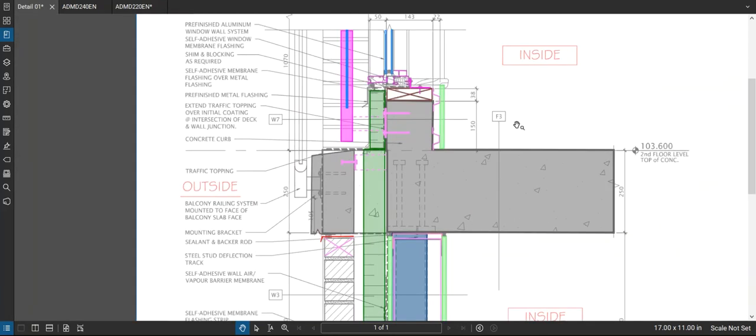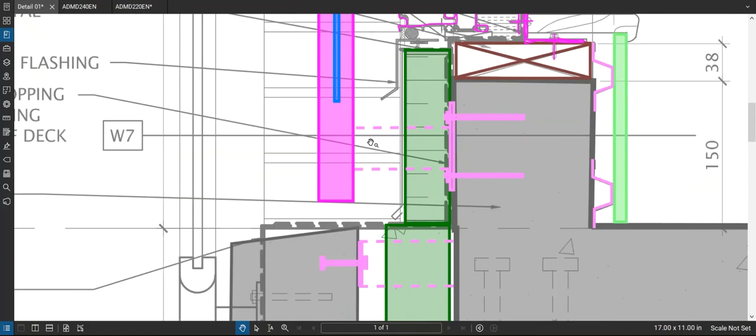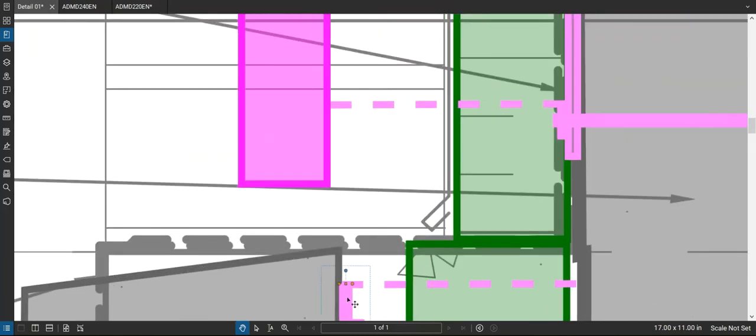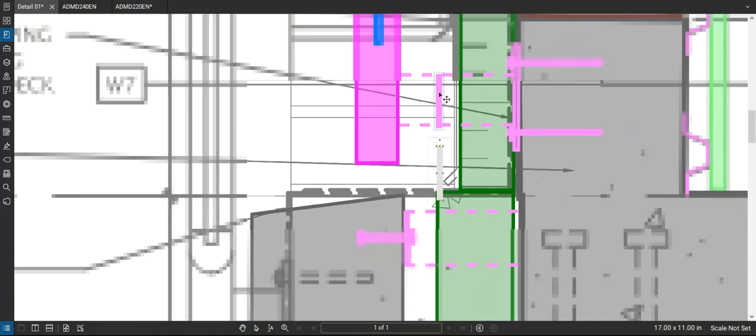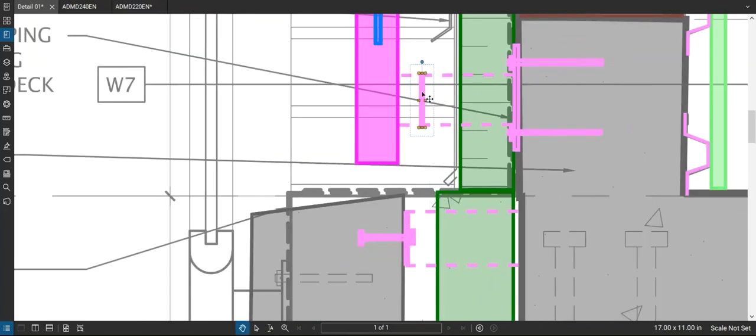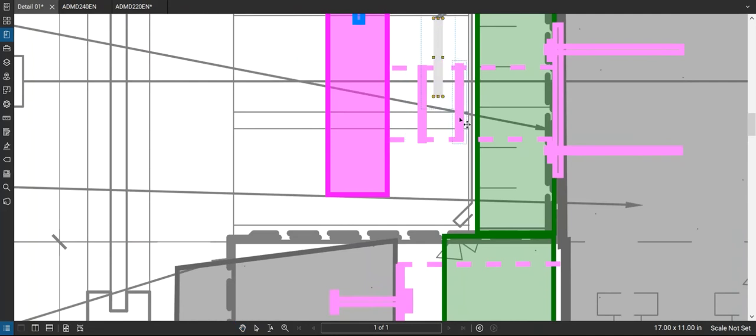our cladding. And I think probably the best scenario would be to have a knife plate coming out from the structure here to a certain point.